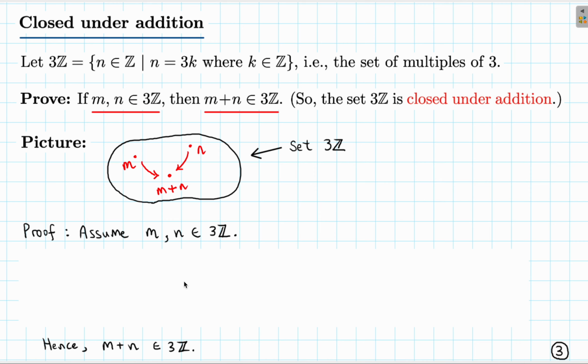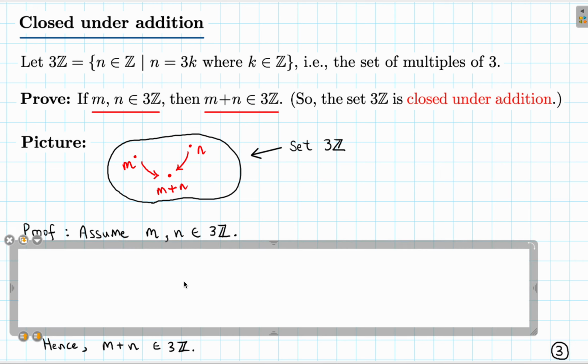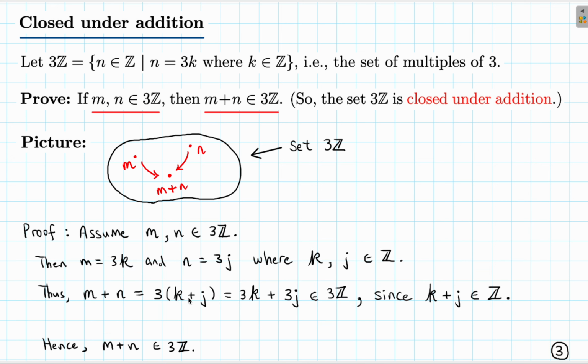Now, in the classwork, you actually analyzed the following proof, which contains a subtle logical error right here. And so let's go ahead and analyze that. Well, first, we know that m is an element of 3Z, so we can write it as 3 times k, where k is an integer.